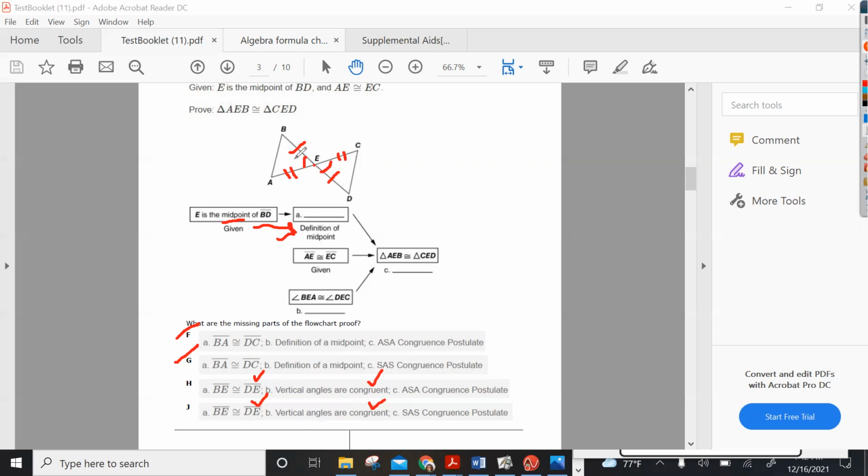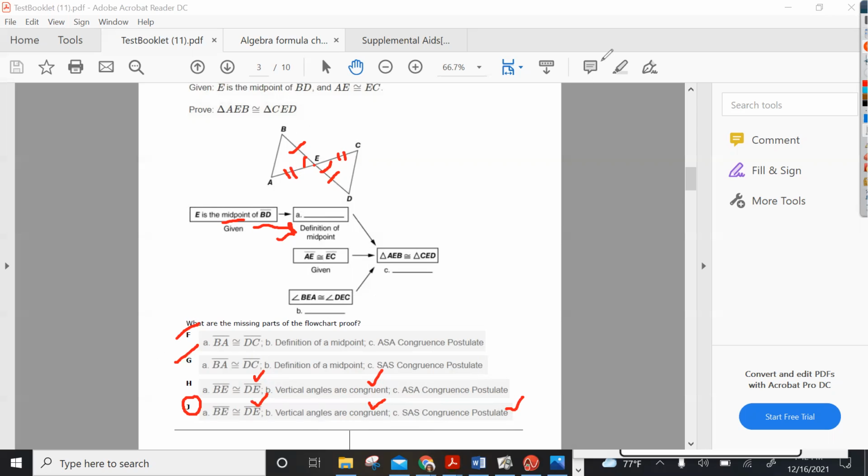So while looking at this, we have a side, an angle between the two sides, so side, angle, side. Remember, for side, angle, side to be our reason, the angle has to be directly between those two sides. So that's side, angle, side, not angle, side, angle. So that's J.